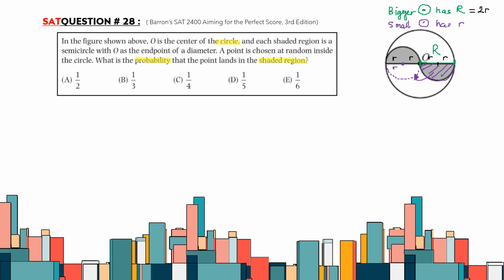The probability means you will have the part over the whole. The part here is the shaded region.